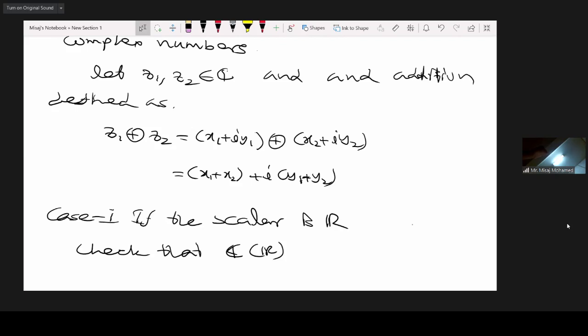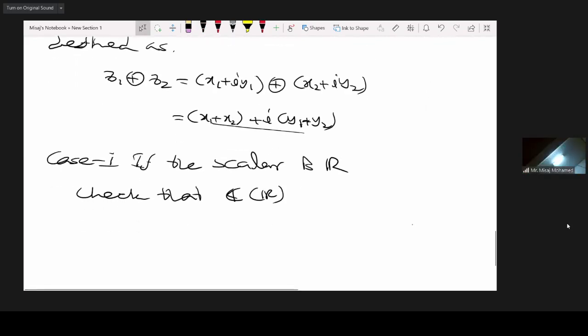Okay. Vectors. Understand? And scalars from where? From R. Then that is not a complex number. But scalar multiplication is defined, and the vector addition is defined.